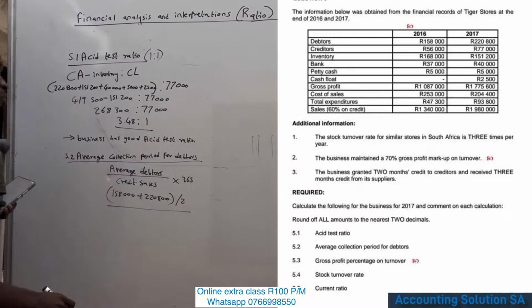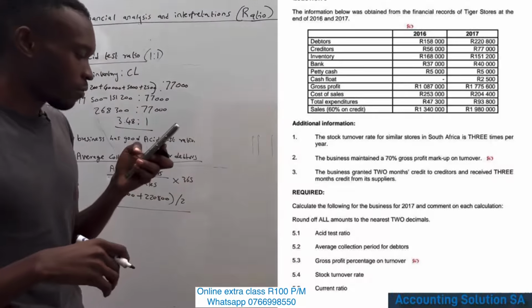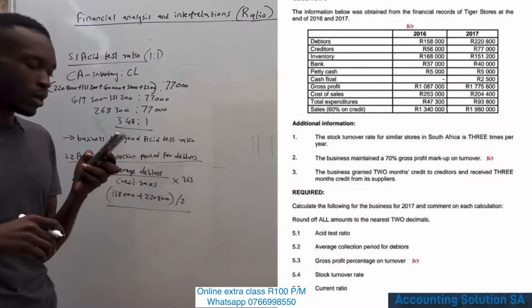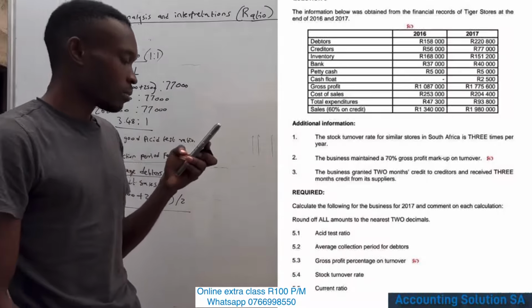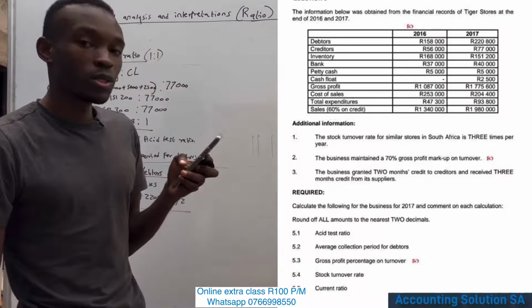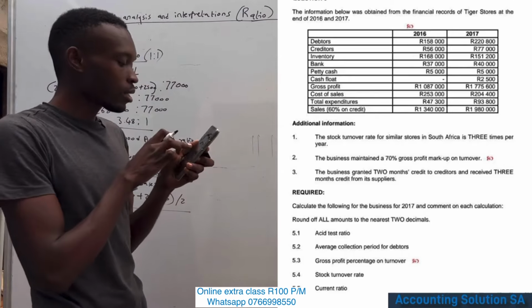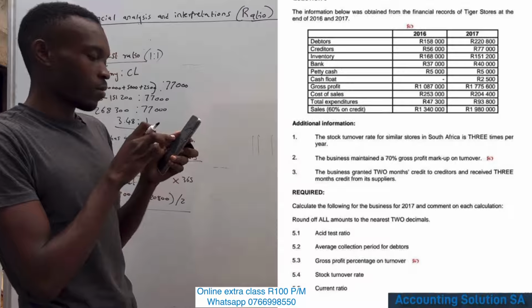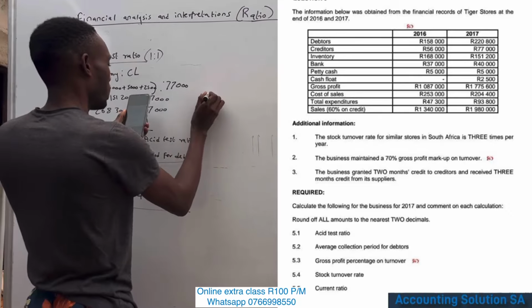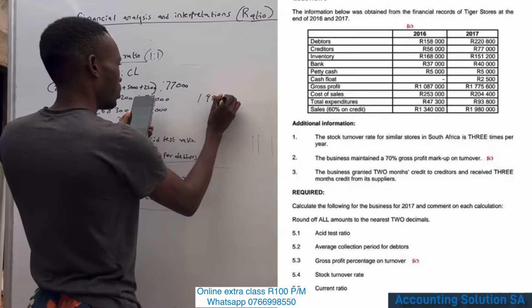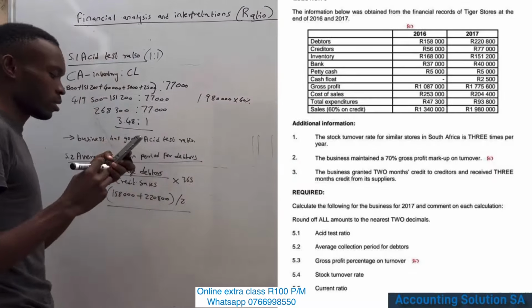Then now let's go to credit sales. For credit sales, we have our sales amount, and in brackets they say that 60% is on credit, which means that we take our sales of 2017, because we're calculating the ratio for 2017. They say that it's 60%, which means 60% of 1,980,000 multiplied by 60% is going to give us the credit sales.